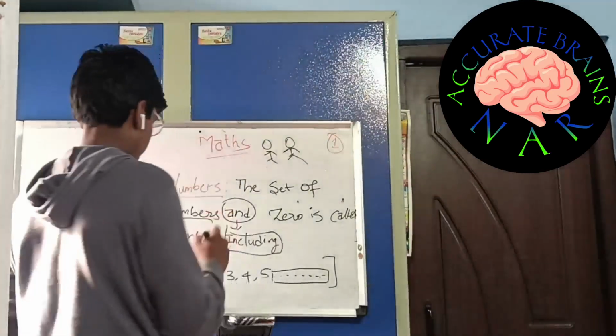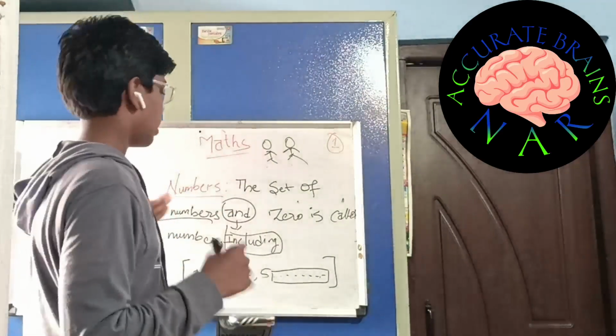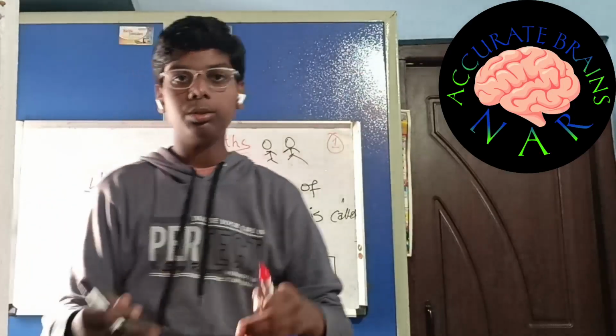Counting numbers are nothing but the natural numbers, right? So whole numbers are the set of natural numbers including 0.